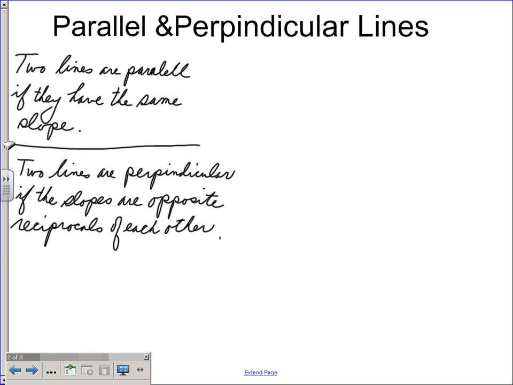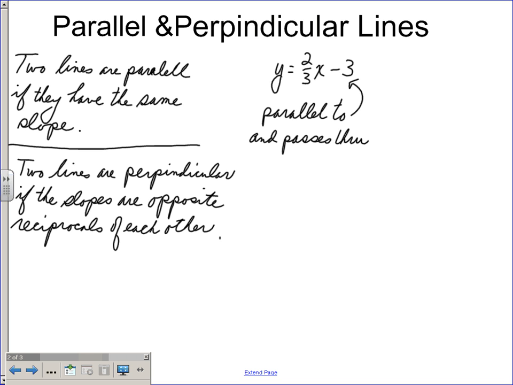Okay, so let's do a problem. Let's take an equation: y equals 2/3 x minus 3. There's an equation of the line. I want you to find the equation of a line parallel to this line and passes through the point -5, 2.